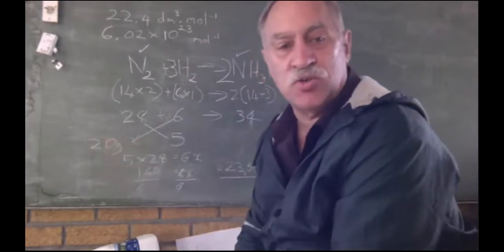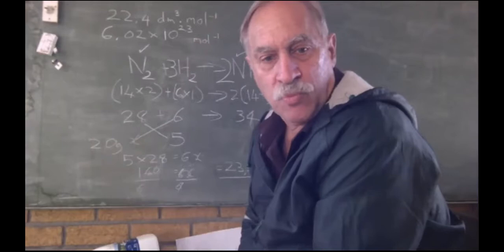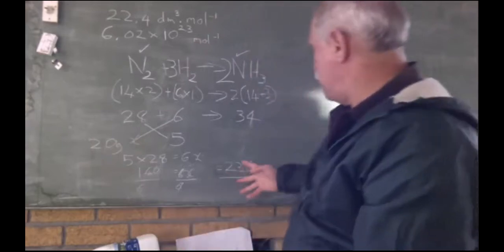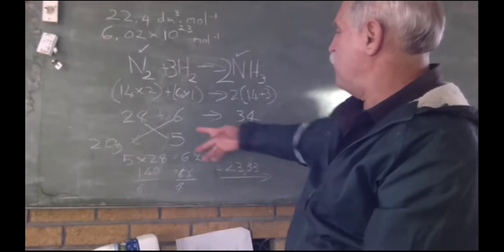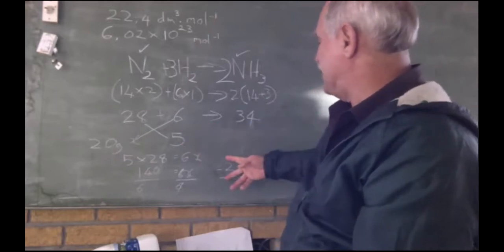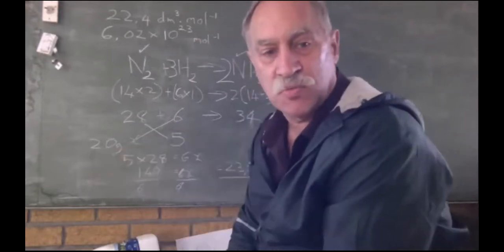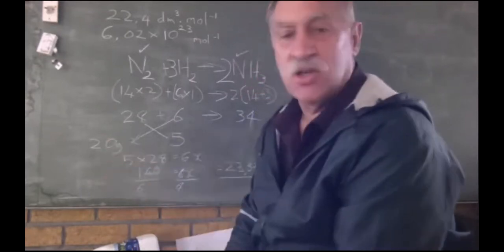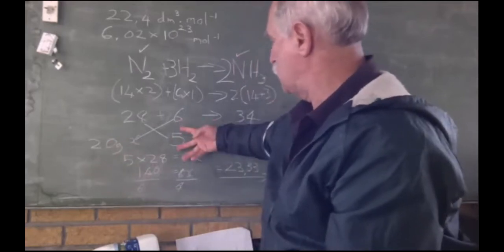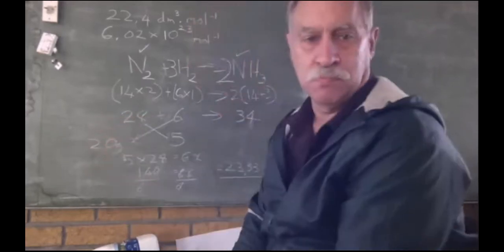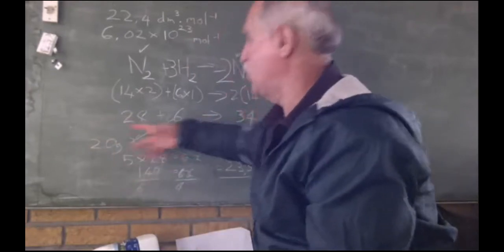Which of those reactants is going to run out first? What we worked out is that if we've got 5 grams of that, we ideally need 23 grams, but we've only got 20 grams of this. So tell me, which is the limiting reagent? Is it this or is it this?